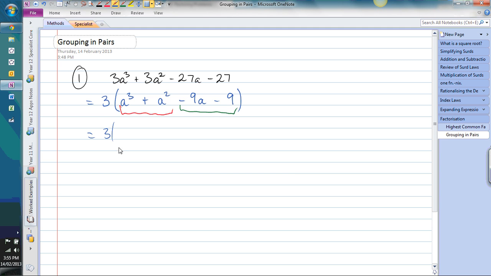So for the moment, I've kind of got tunnel vision on. I'm not really thinking about this 3, and I'm not really worrying about the brackets. I'm just dealing with what's inside the brackets. So right now I'm going to ignore this part here, and I'm just going to focus on the a cubed plus a squared and ask myself, what's the highest common factor of those 2 terms?